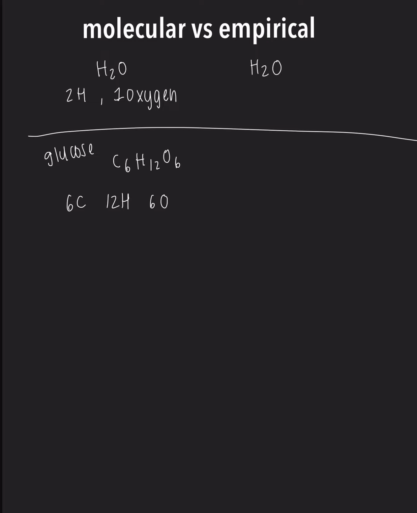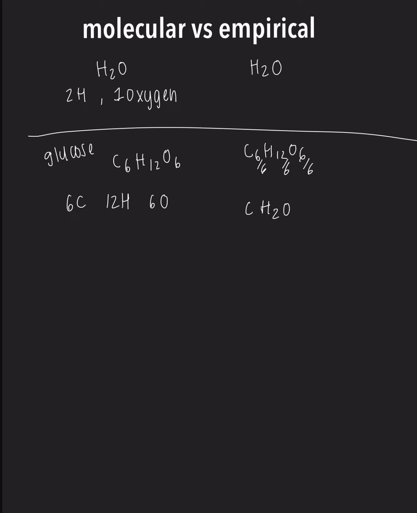But with the empirical formula, what you can do is say, C6H12O6, all of them are multiples of 6. So I can reduce this whole thing by 6, and I can say you have CH2O. So for every 2 hydrogens, I only have 1 carbon and 1 oxygen.